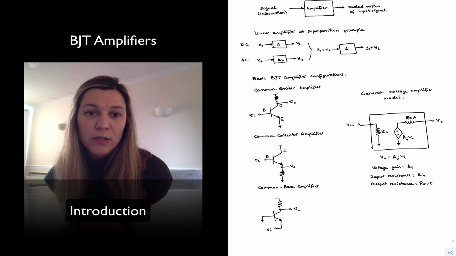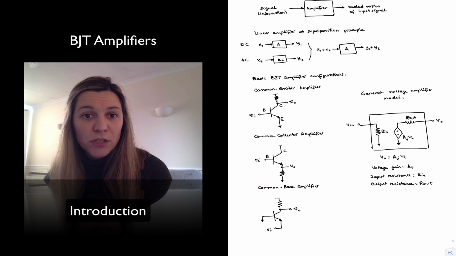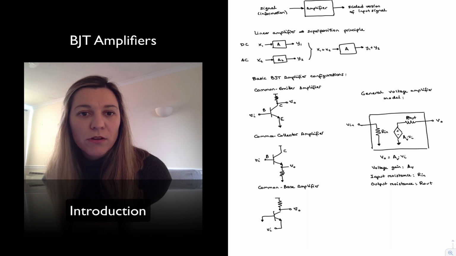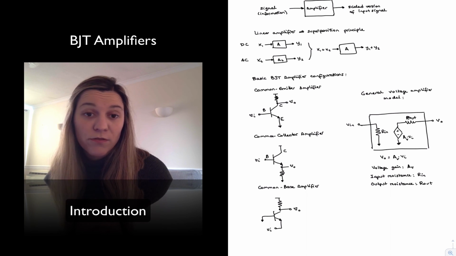Typically, if the amplifier is operating under ideal conditions, that should be the scaling factor or the ratio between output and input. The input and output resistances are used to model the interaction of our amplifier with preceding and subsequent stages, and the effect of loading on our amplifier.